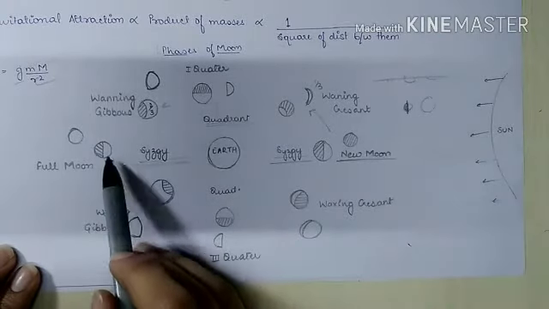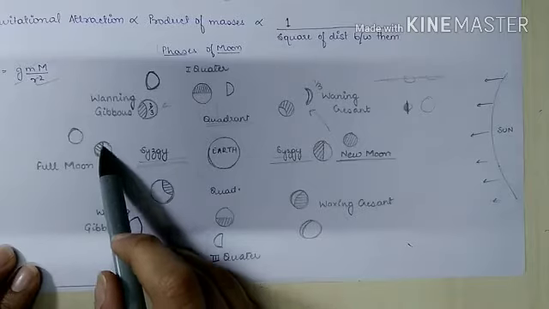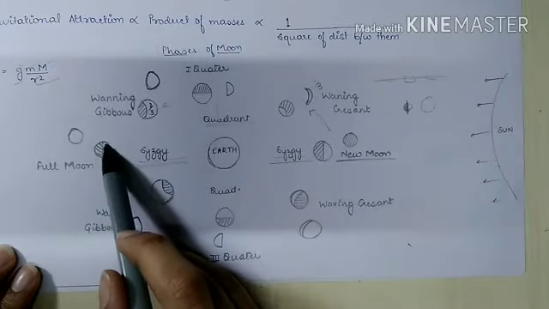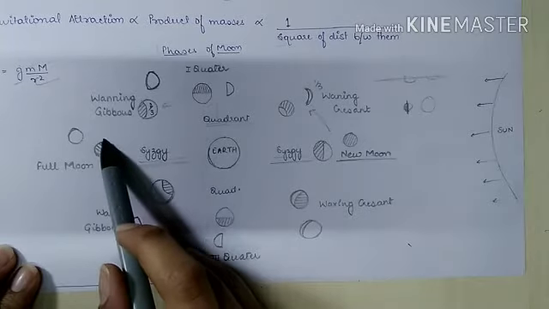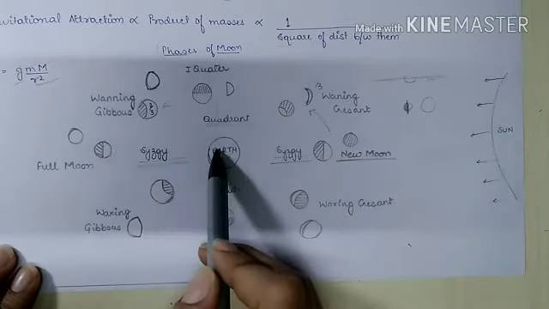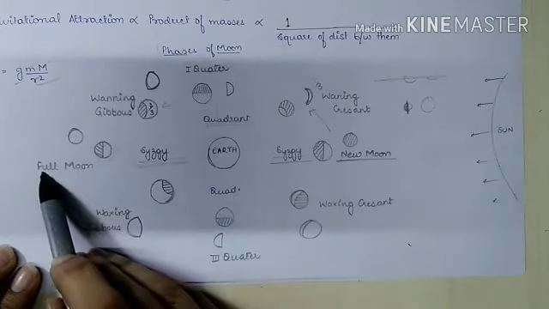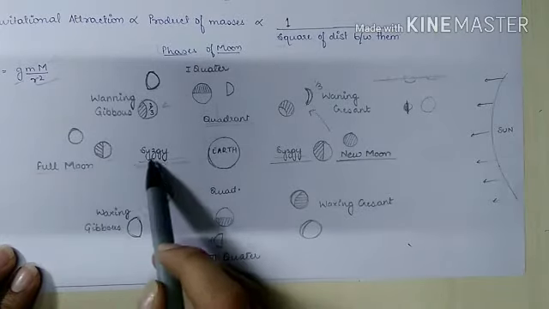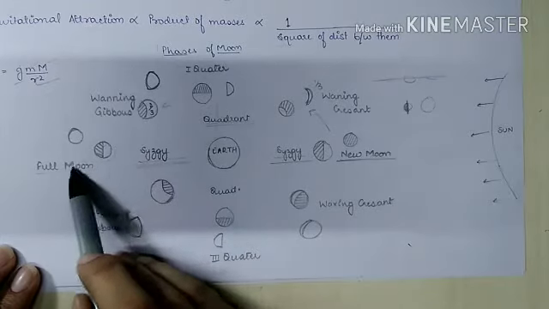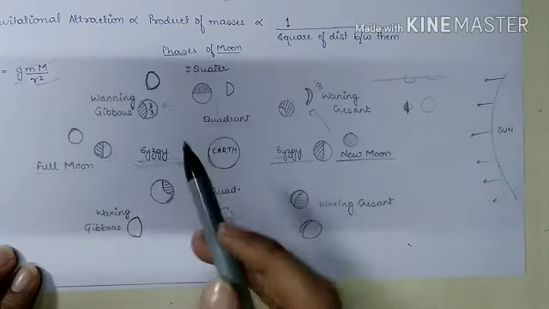Lastly, the sun's light falls directly on the face of the moon that is facing the earth. So the part of the moon which has light is towards the earth, so we can see the full moon, and this also occurs during syzygy.